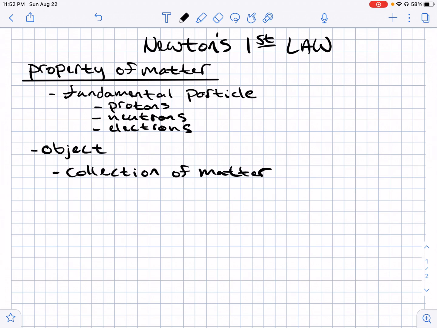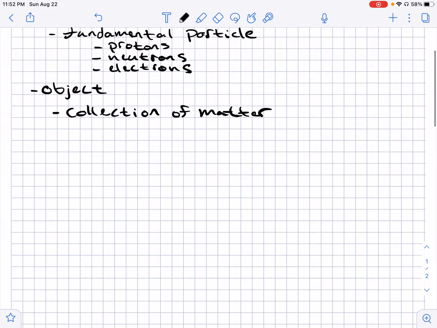And when we study the motion of an object, we don't really consider those fundamental particles that make it up. So, for instance, if we have a runner running a race, when we analyze the motion of that runner, we're not going to consider the internal functions of their body. Okay, so it's just going to be that person, and we're not going to worry about anything else.